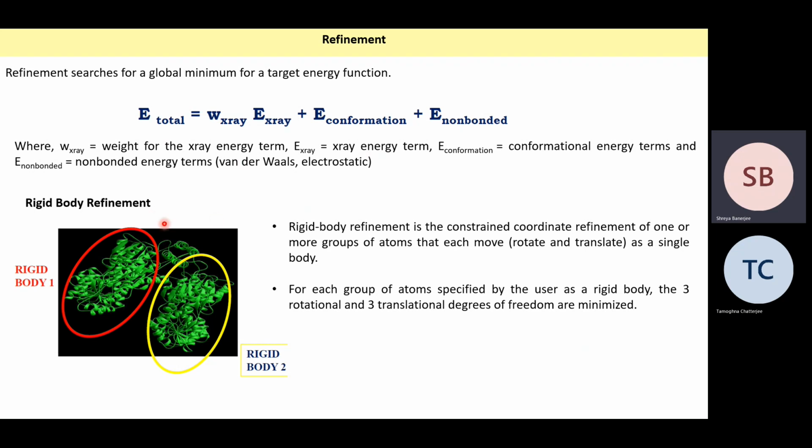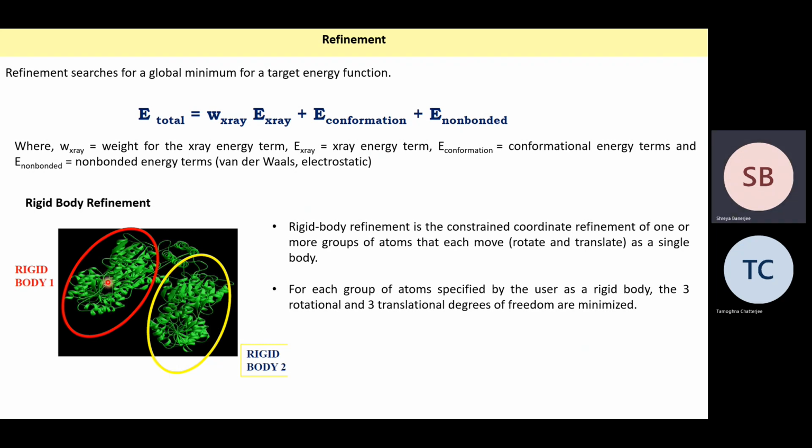One of the ways of this refinement is called rigid body refinement. In that, you take the whole protein and consider, say, this protein consists of 2 rigid parts, rigid body 1 and rigid body 2. Within the parts, there is no movement.